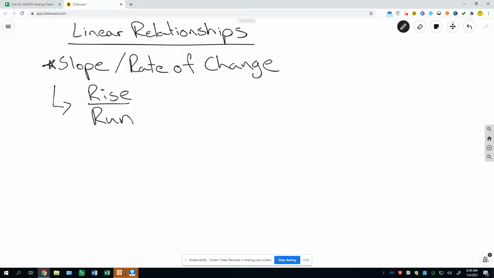So burn that into the brain. Slope is rise over run, or the change in y over the change in x. Notice we have a ratio, a comparison of two things.